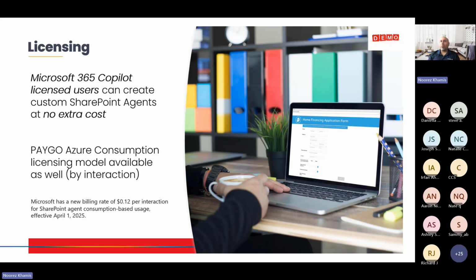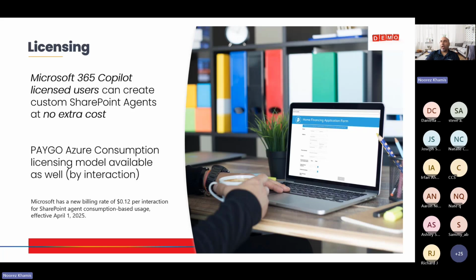Now, SharePoint agents are also grounded in the tenant graph. So each interaction is going to use 12 messages, and here's how that breaks down. We'll post this link because it has references to the exact definitions, but it includes 10 messages for the tenant graph grounding and 2 messages for the generative answers.